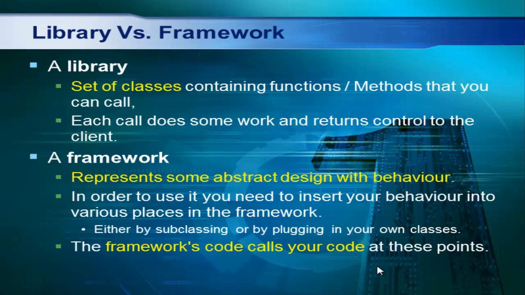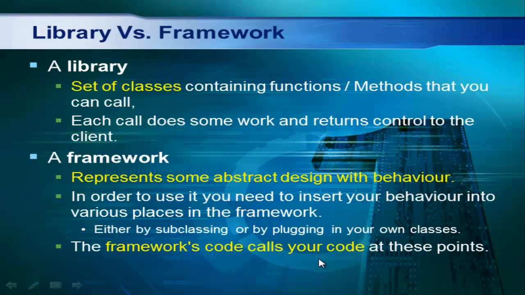In a library, you are calling the methods of the library. For example, you call Math.sin, Math.cos or Math.sqrt. You call it. Whereas in the framework, it's exactly the opposite. It will call your methods. So framework code calls your method. The framework knows what has to be done and how to behave.